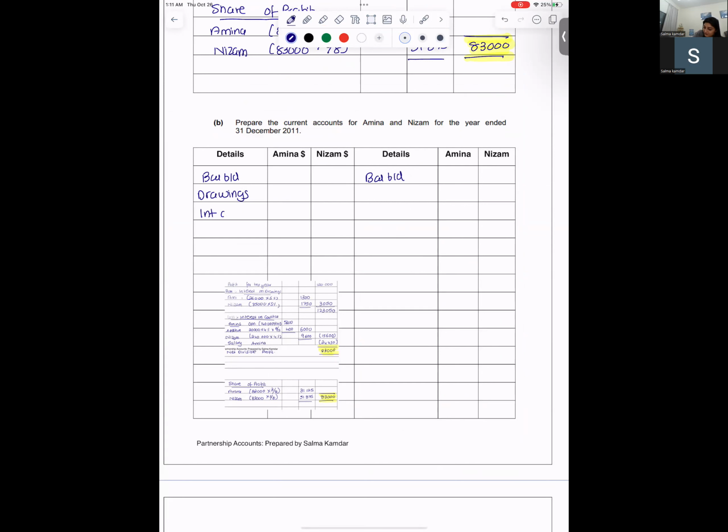Below that, you will have interest on drawings, then interest on capital, salary, and share of profit. Interest on drawings is 1,300 and 1,750.